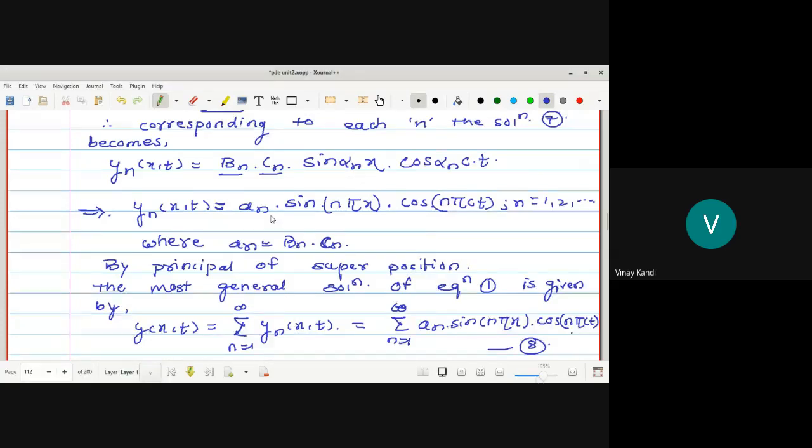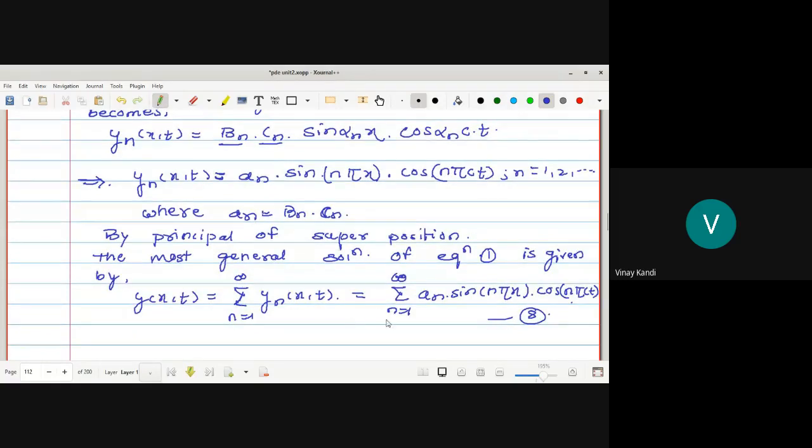So y of x,t is the summation, n running from 1 to infinity, of a_n into sin n pi x into cos n pi ct.